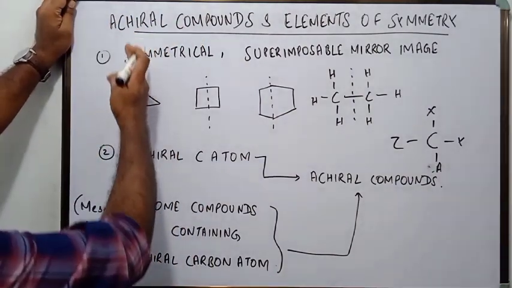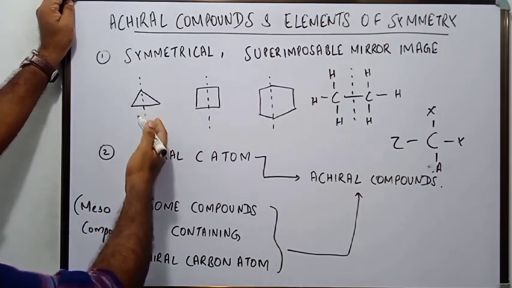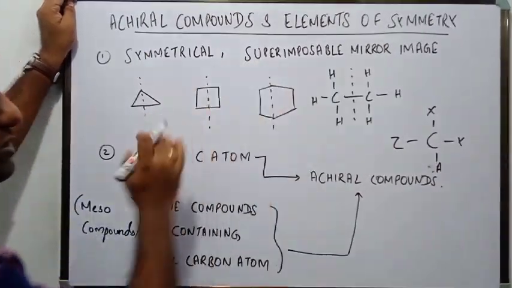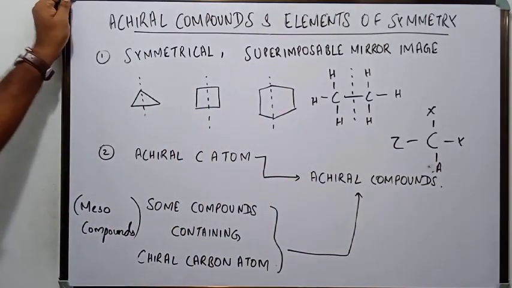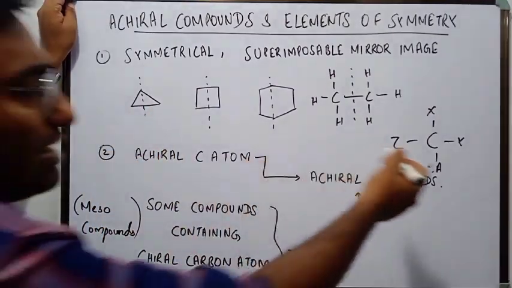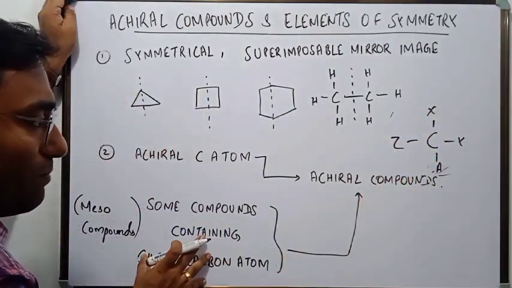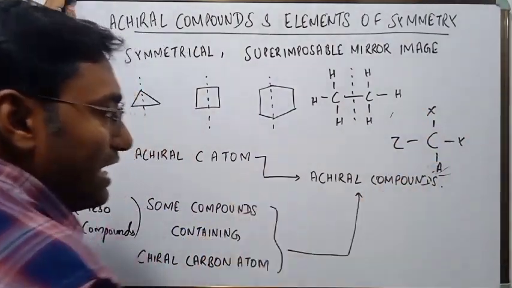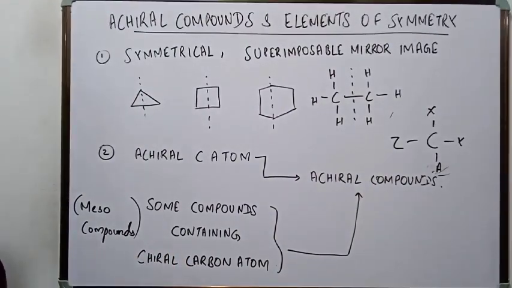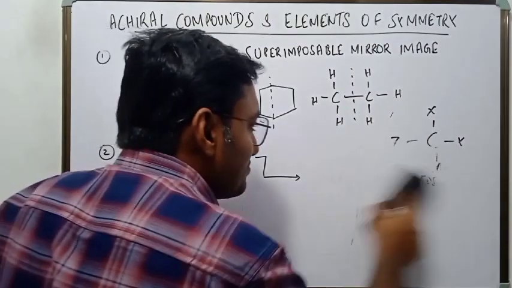Why? Because they can be divided into two equal halves. They have symmetry. They are symmetrical and they have a superimposable mirror image. What cannot be divided into two equal halves is a chiral compound like this. But among chiral compounds also, there are some compounds that are overall achiral. We will see an example to better understand it.